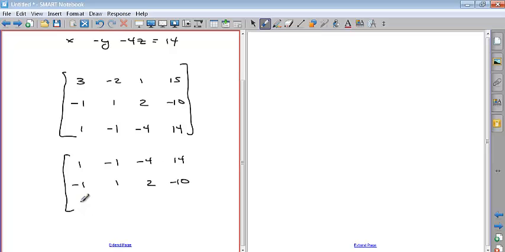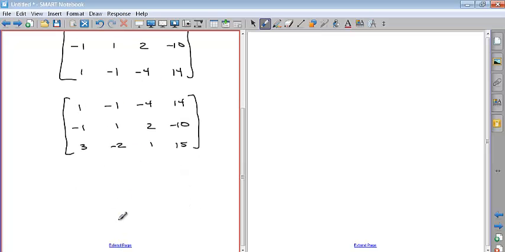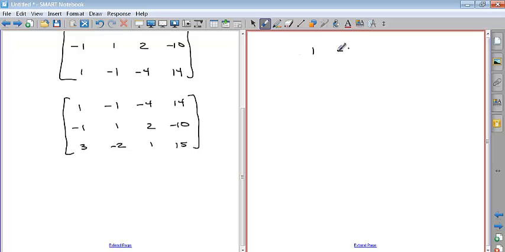So I switch the first and third rows. Might make it so I don't have to deal with fractions. Otherwise, I'd have to divide this by 3 and then I'd have fractions. So that's okay. Next thing I'm going to do, I'm going to take the first new row.